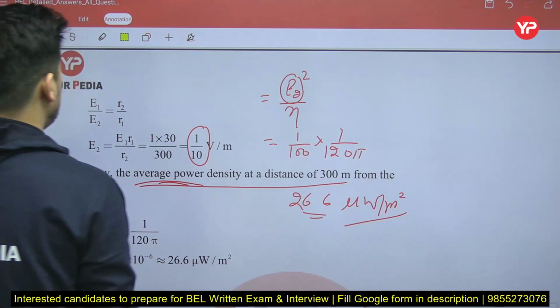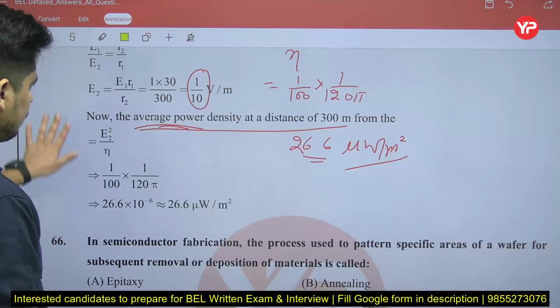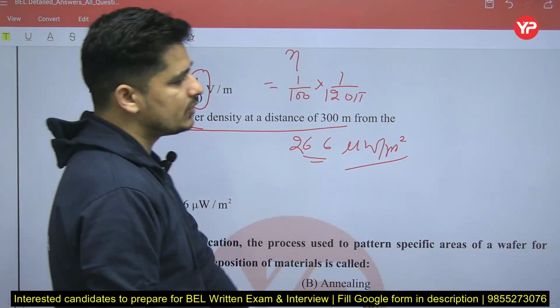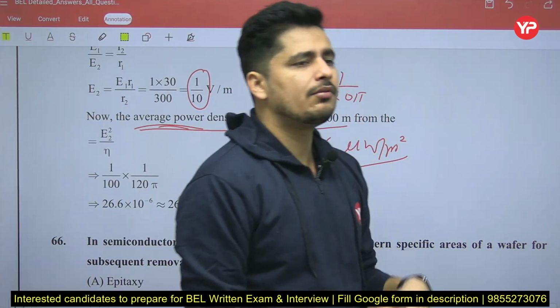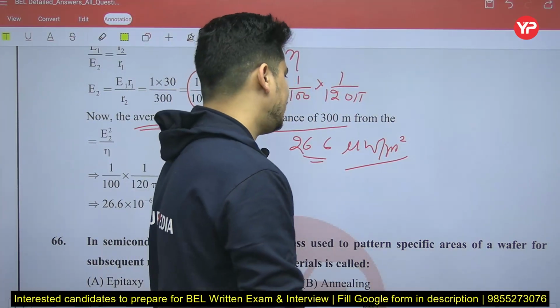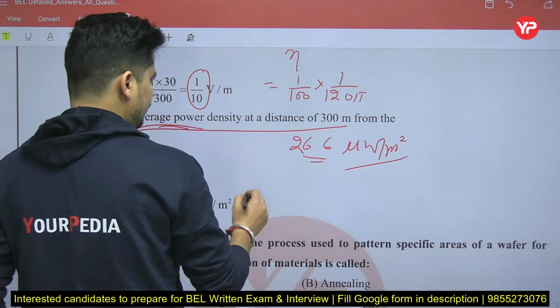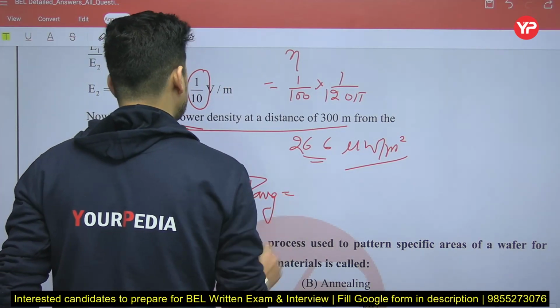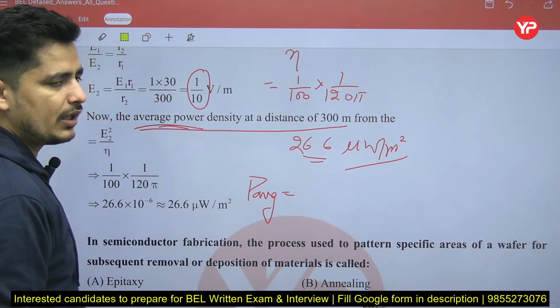So remember this thing, when it is given to you, you can directly calculate that in the far field region electric field is inversely proportional to the distance. And whenever he is asking for the average power density, basically there are two types.